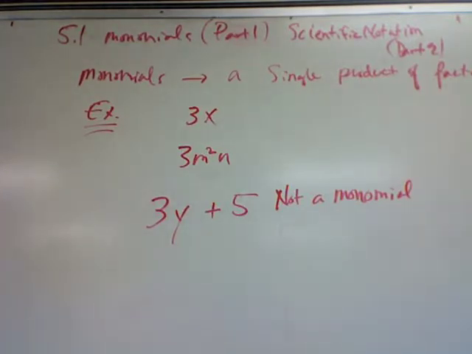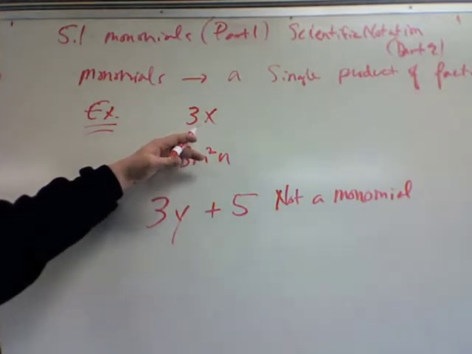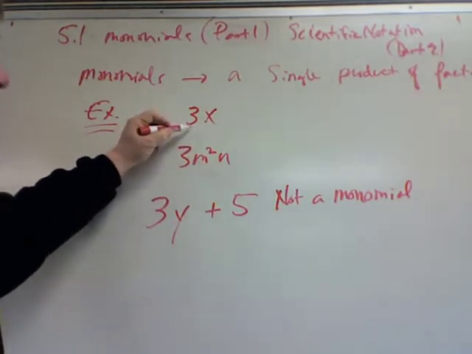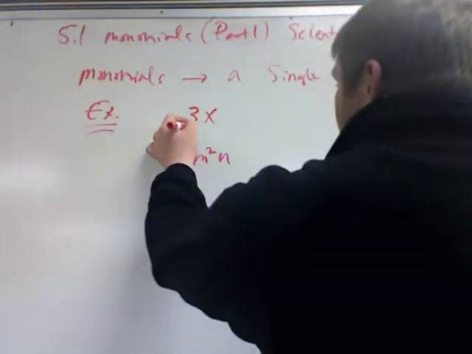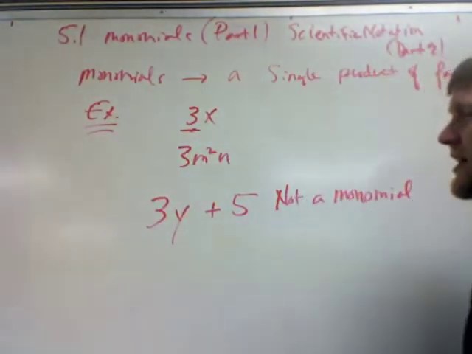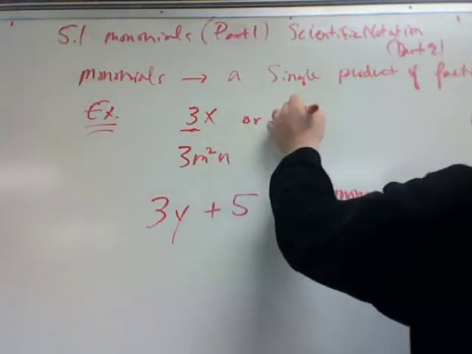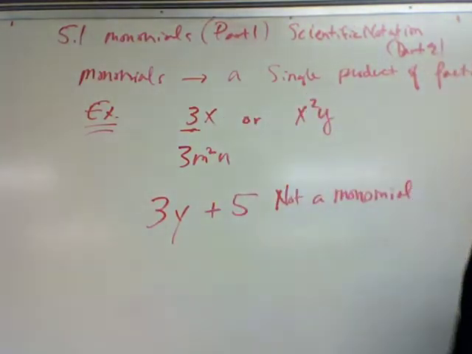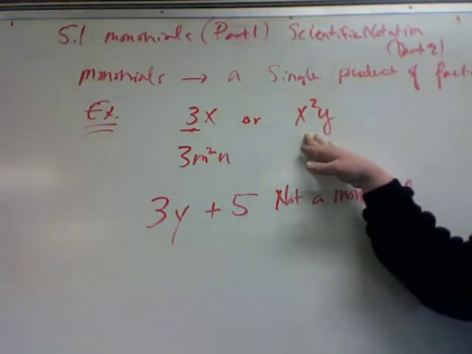Coefficients. The coefficient of an expression or a monomial is the number that's out in front of the variables. In this particular case, the coefficient is a 3. Even if we had x squared times y, what would be the coefficient of this monomial? 1.